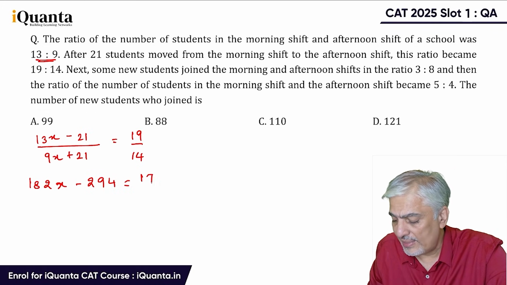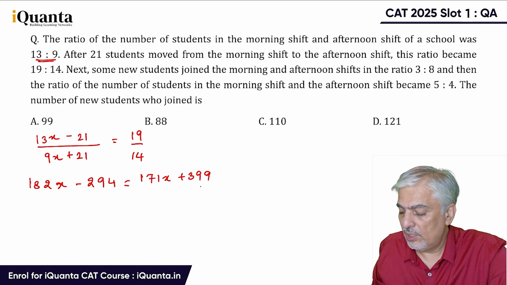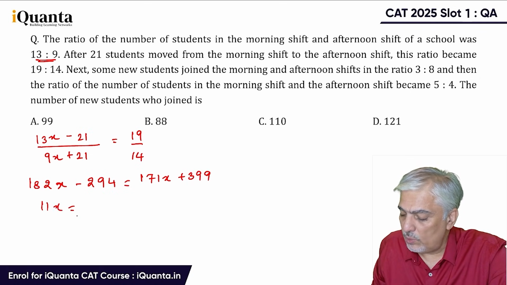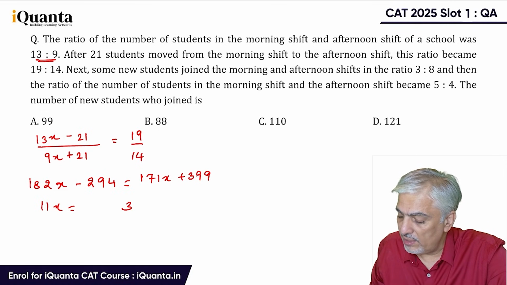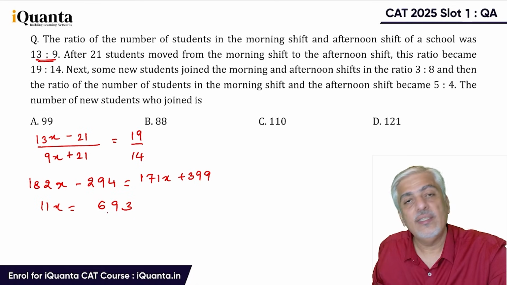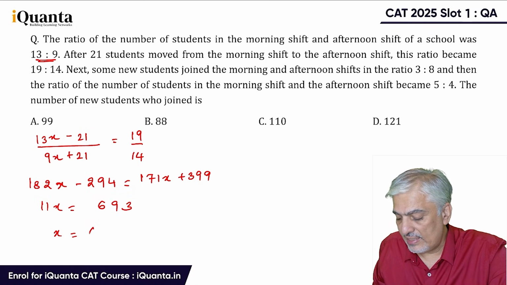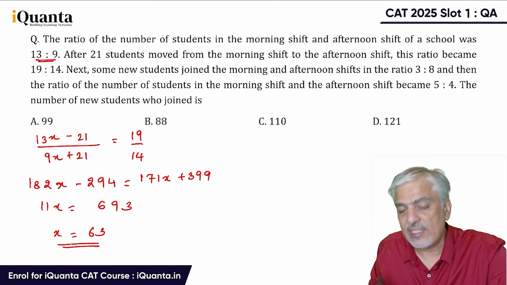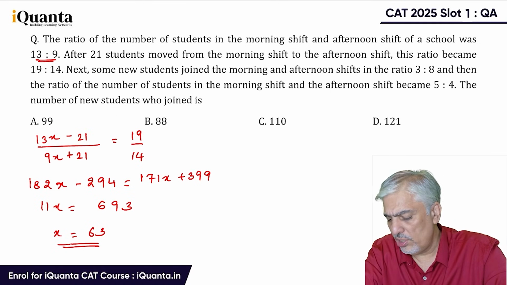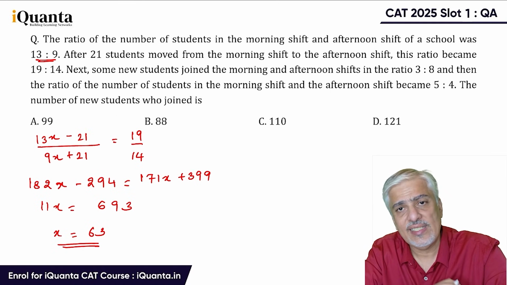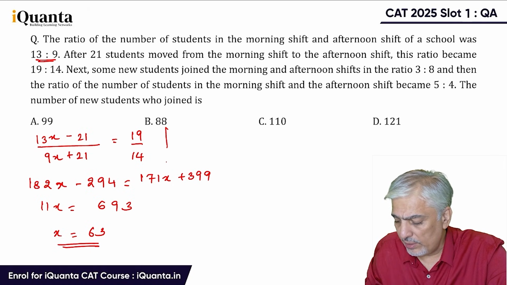So this will give me 171x plus 399. Okay, so I've got 11x is equal to 693. X is equal to 63. So we got the value of x. I'll show you a couple of approaches, so don't worry. Yeah, calculations, as I said, in this question are slightly longer with different approaches.